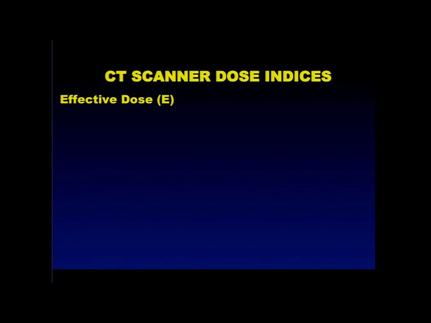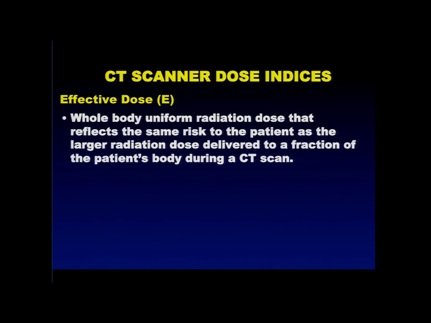All right, I've disparaged the other dose indices, so I need to finish up and disparage effective dose. Okay, what is effective dose? Well, it's the whole body uniform radiation dose that reflects the same risk to the patient as that larger radiation dose that we deliver to the fraction of the patient's body during the actual scan. So my effective dose is always going to be greater than my CTDI vol or my SSDE, okay?